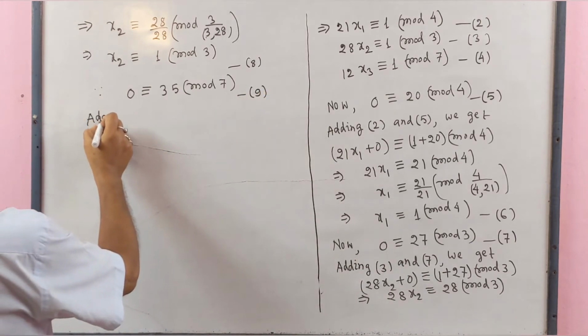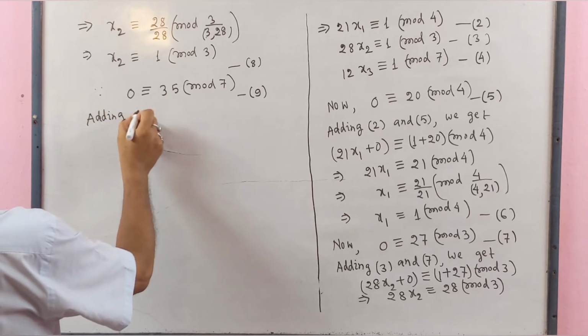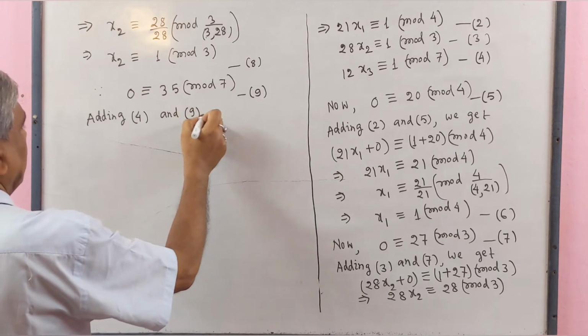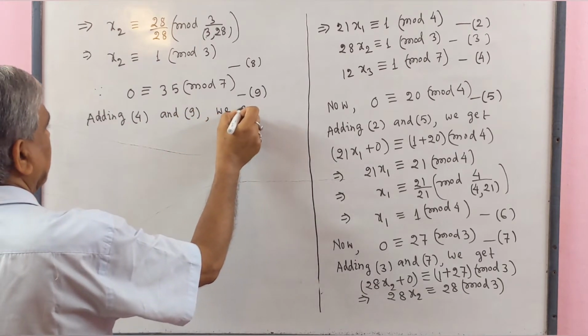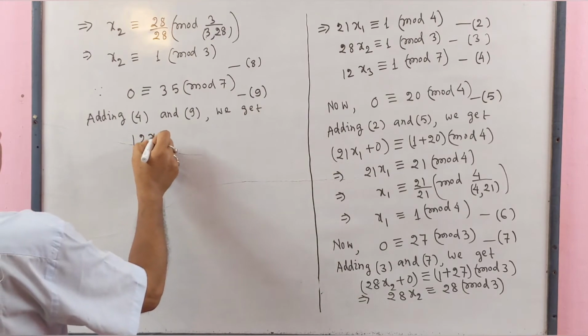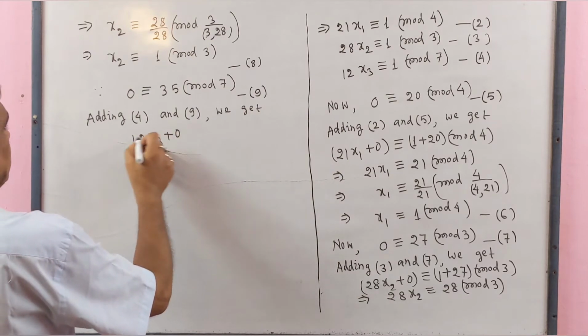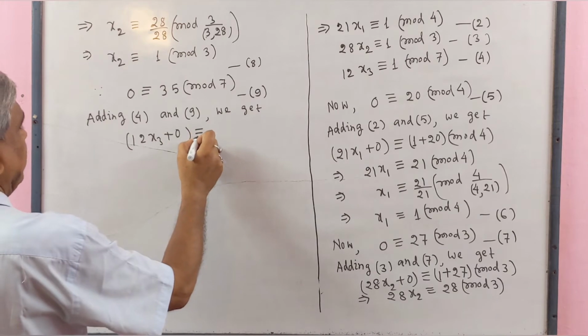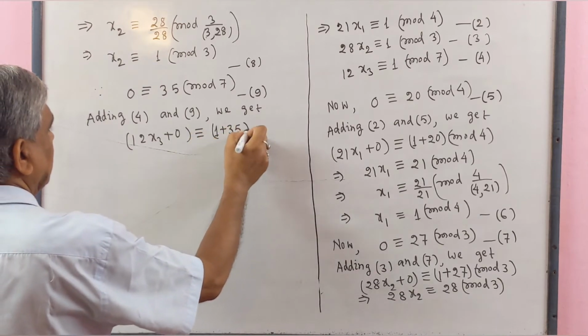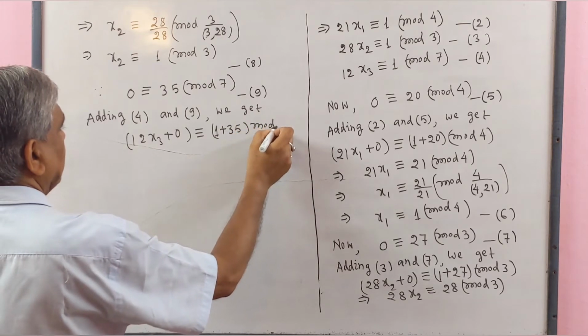Adding 4 and 9, we get 12x3 plus 0 congruent to 1 plus 35 modulo 7.